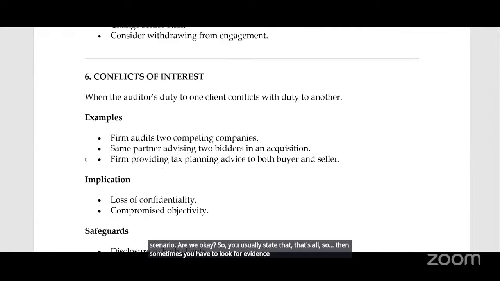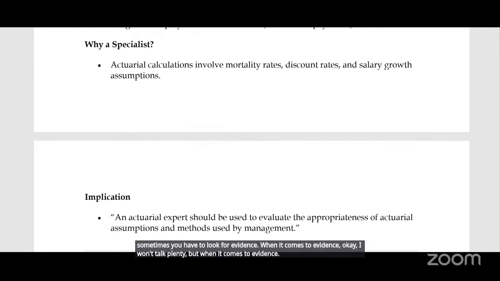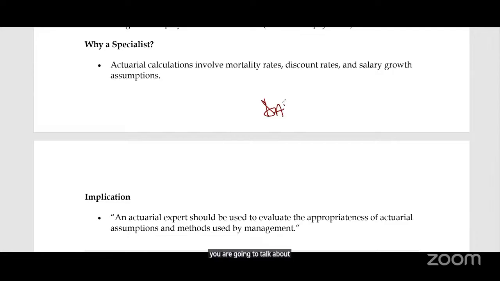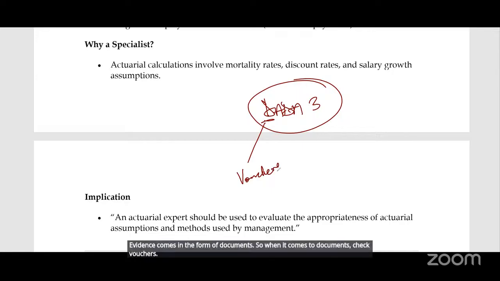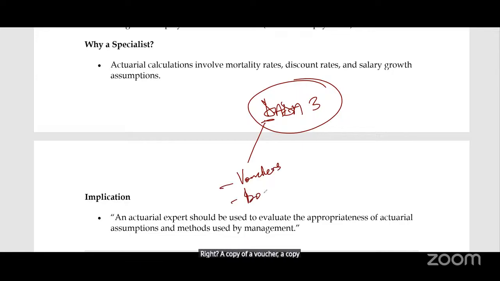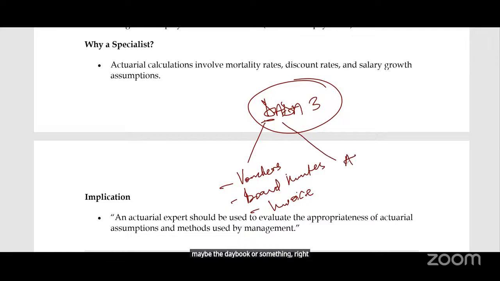That's all. So then sometimes you have to look for evidence. When it comes to evidence, okay, I won't talk plenty, but you are going to talk about what? Usually we use that at three, okay? Evidence comes in the form of documents. So when it comes to documents, check vouchers, right? A copy of a voucher, a copy of board minutes. So always for evidence, you can say a copy of something, right? A copy of the board minutes, a copy of what? Maybe the invoice, a copy of what? Maybe the day book or something, right? The assets themselves, you have to do physical inspection.